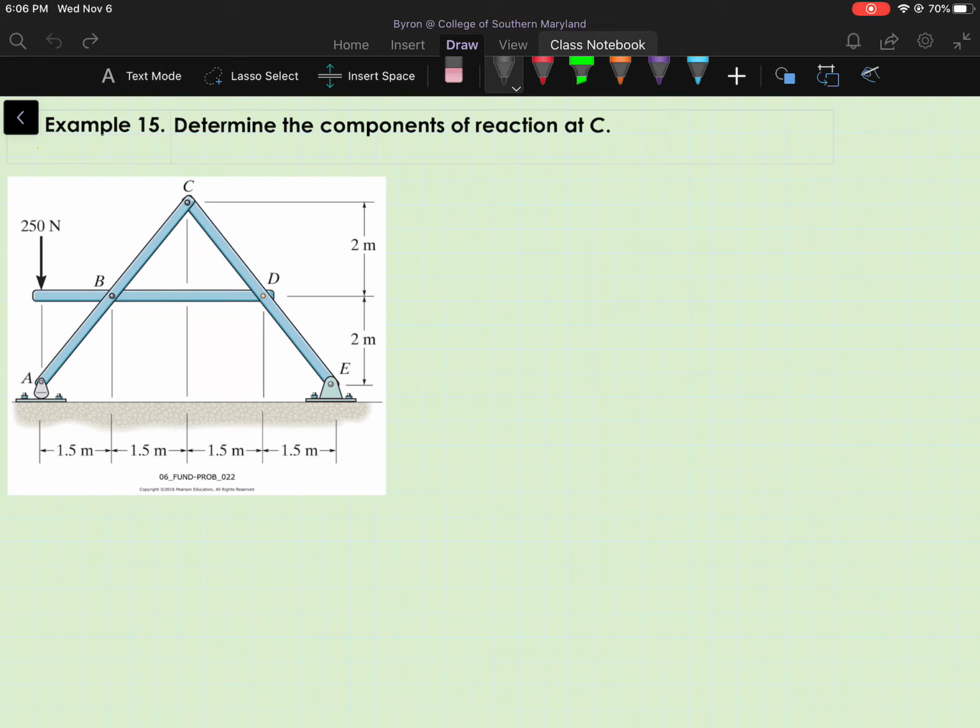Since we know we need to find the reaction at C, I'm going to start by drawing a free body diagram of a member of the frame that contains C, member ABC.